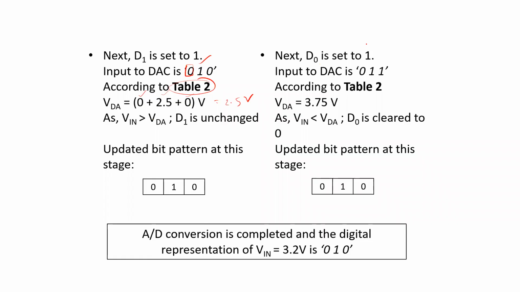Lastly, for D0, the SAR will set it to 1, and for this particular bit pattern, there is contribution from the lower two bits, so you will have 0 plus 2.5 plus 1.25, which will eventually give you 3.75 volts as your output from the DAC. This voltage VDA is going to be compared with Vin, and depending upon that, the SAR will take the decision whether D0 would be set to 1 or cleared to 0.